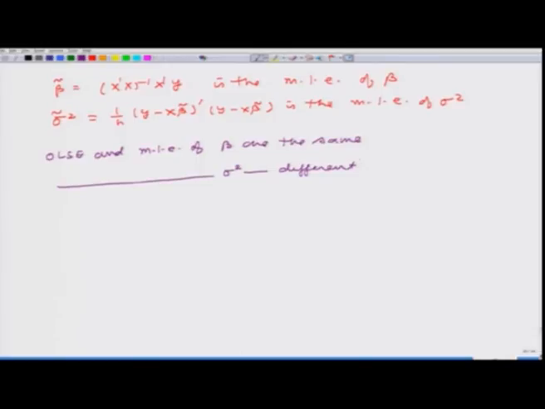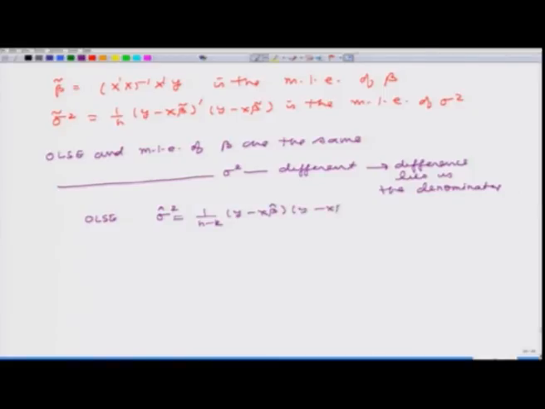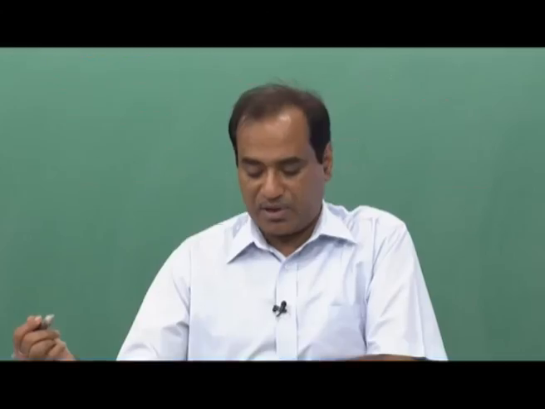The difference lies in the denominator. In the case of the ordinary least square estimator, we had seen that the denominator was n minus k, 1 over n minus k times (y minus x beta hat) transpose (y minus x beta hat), and in the case of the maximum likelihood estimator, the denominator is n.